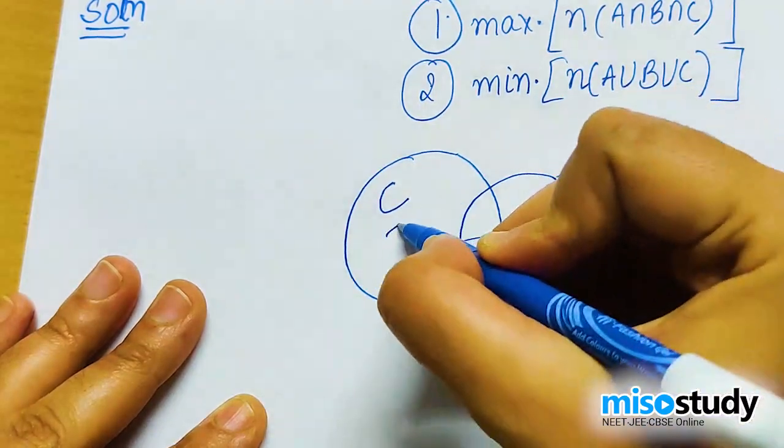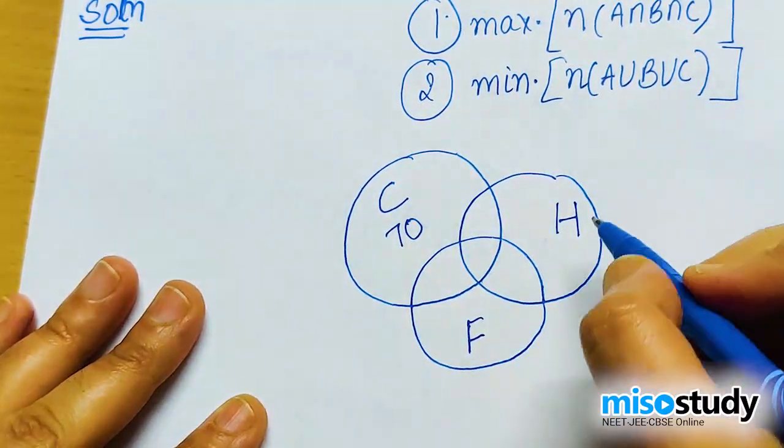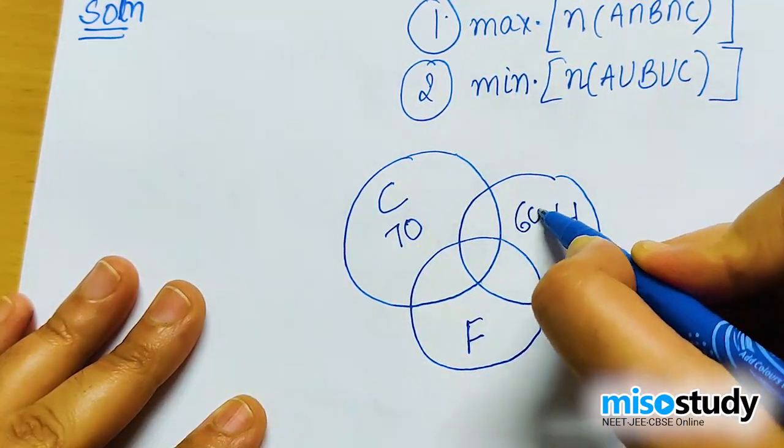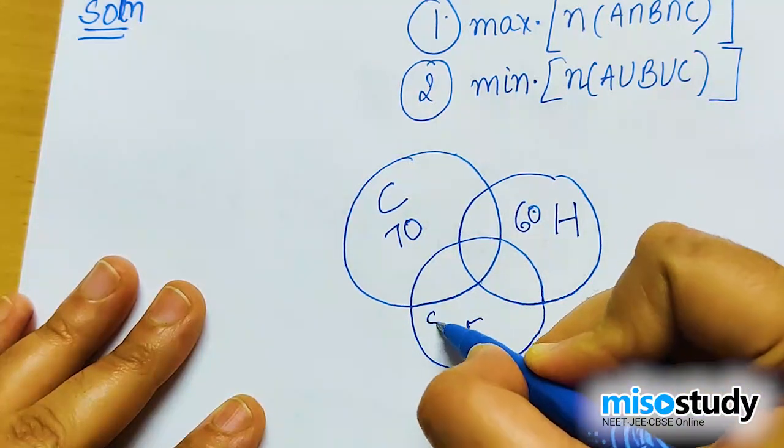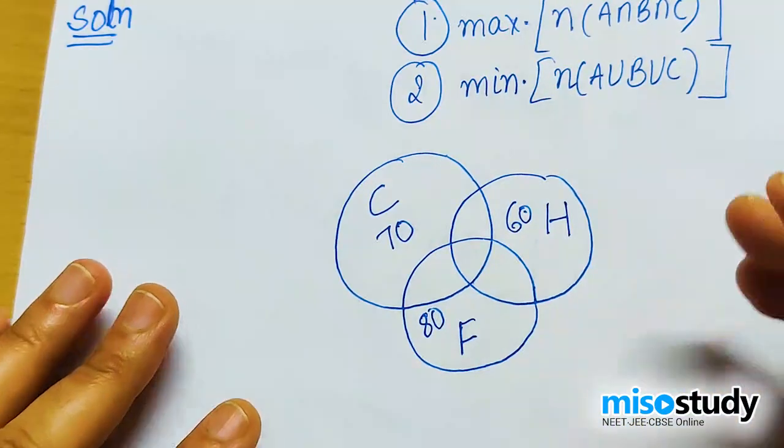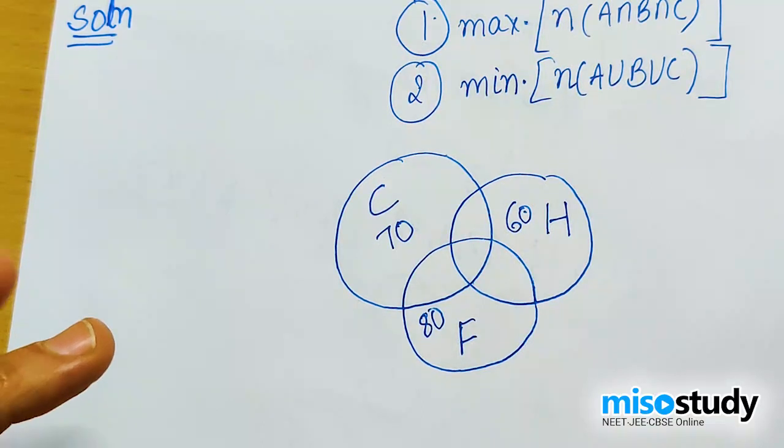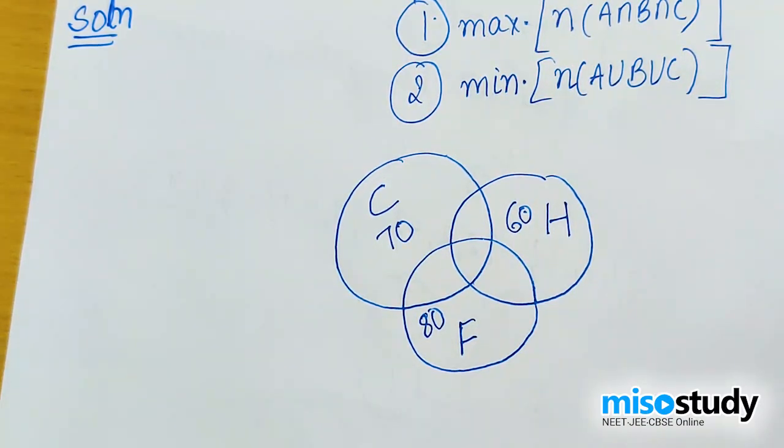So 70 played cricket, alright, 60 played hockey, and 80 played football. That's your question. I would request my dear students that before looking at my solution, I would really request you to do this question on your own, and you will understand. To understand this question, you need to do some wrong attempts, okay?